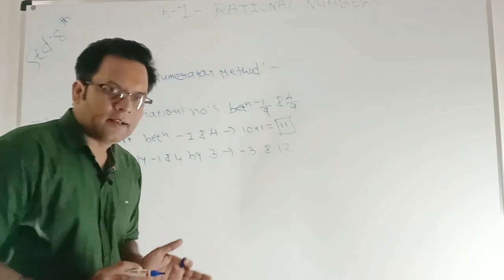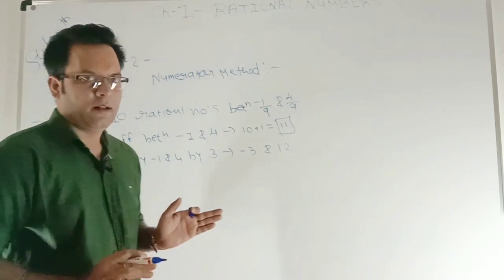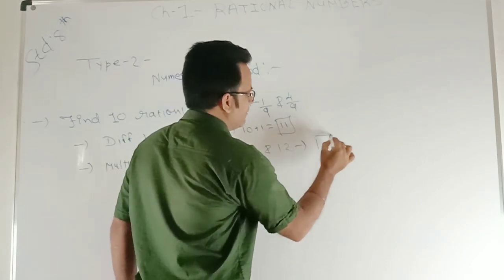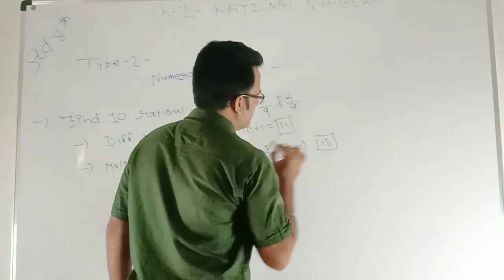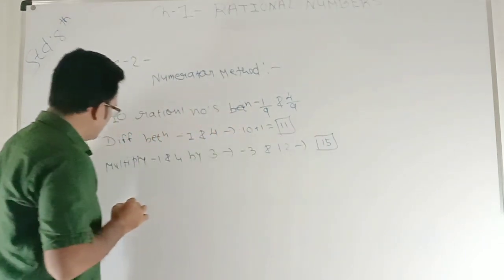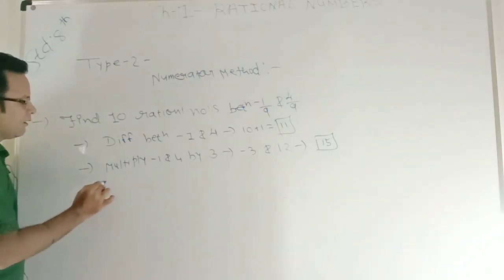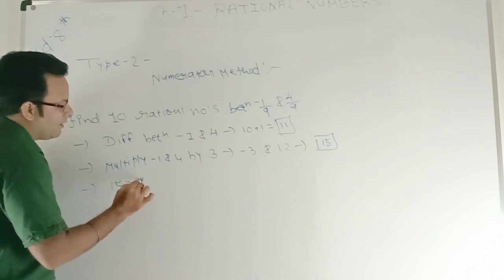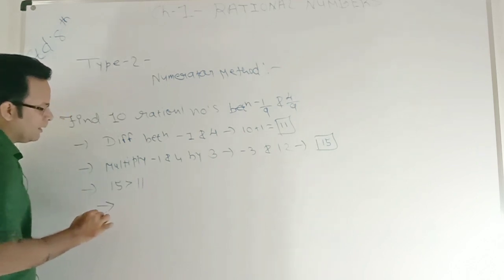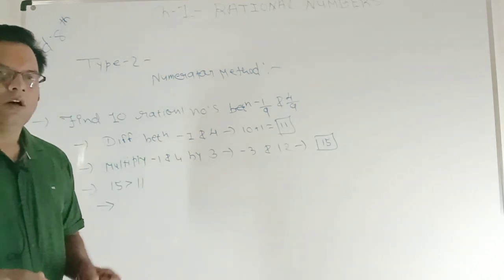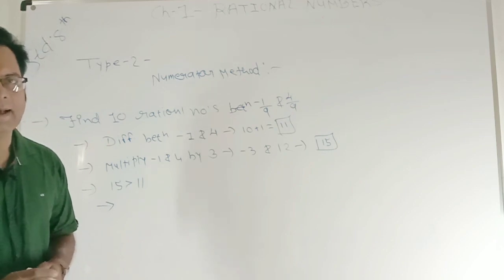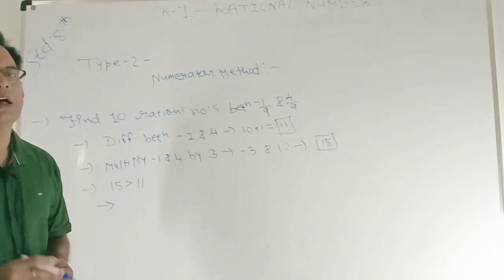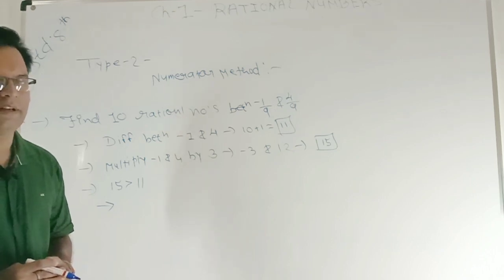Now between -3 and 12 you will get numbers total 15. And you know very well, students, 15 will be more than 11. So we have to multiply these two given fractions with 3.